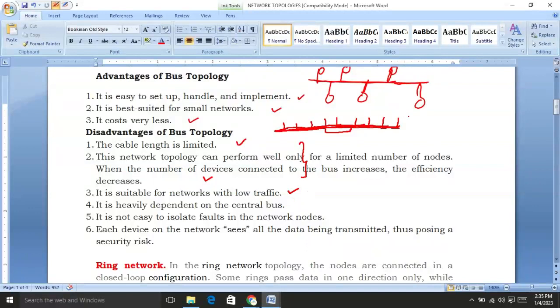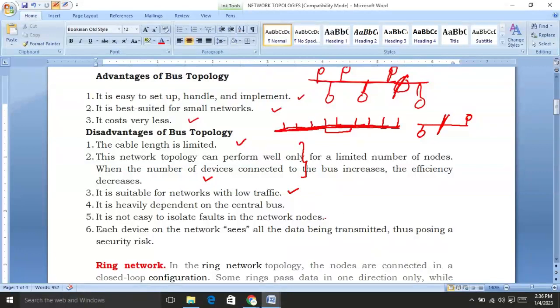Suppose this is only one central bus. Suppose there is a cutoff in the central bus. Then the topology is divided into two systems. Suppose this is one node in the topology, this is another node, and there is no interconnection because the bus is cut due to some reason. The two systems are disconnected.